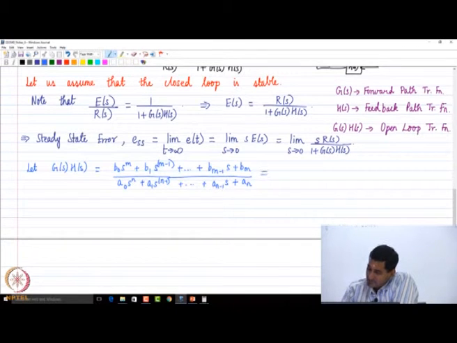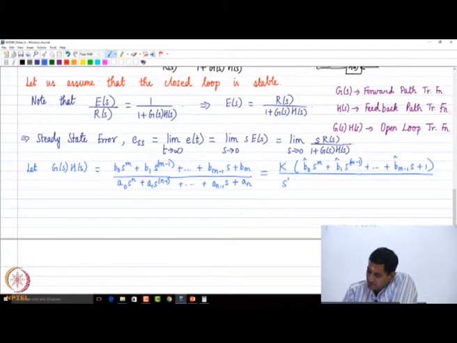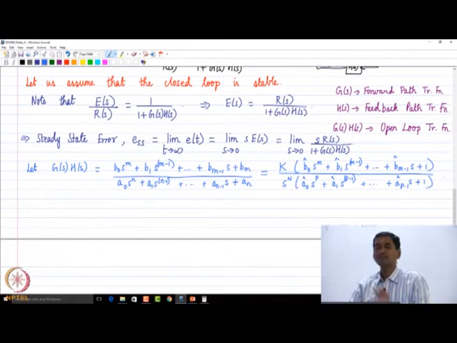Now, we can rewrite this as some K times (b0 hat s^m + b1 hat s^(m-1) all the way till b_(m-1) hat s + 1) divided by s^N (a0 hat s^p + a1 hat s^(p-1) plus all the way till a_(p-1) hat s + 1). Let me tell you what I have done.